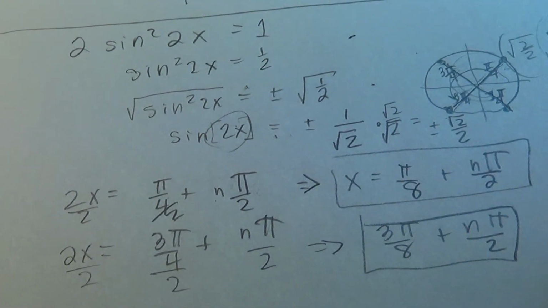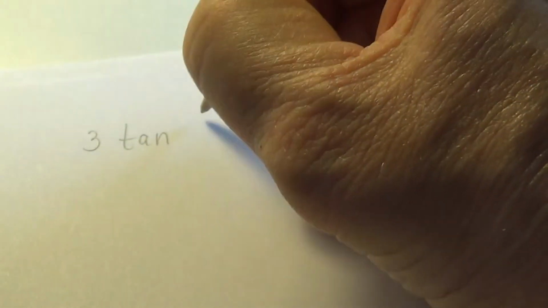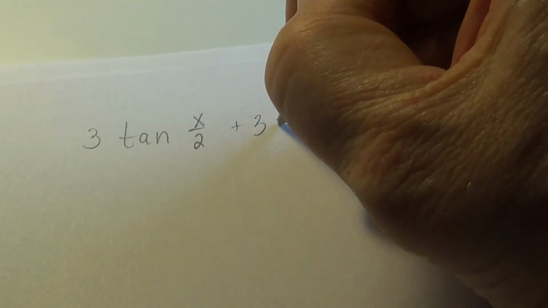Alright. Let's look at one itty bitty one that takes a little different twist, but I think you could handle it without me, but I'll just run through it quickly. And that one is 3 tangent x divided by 2 plus 3 equals 0.